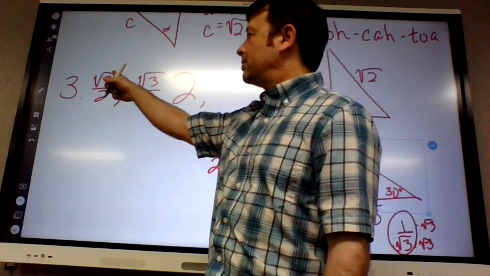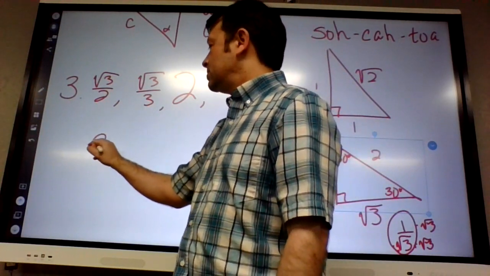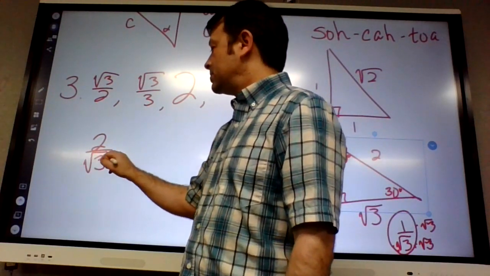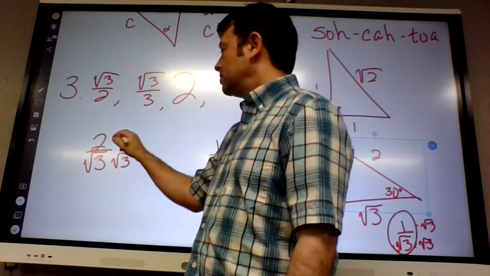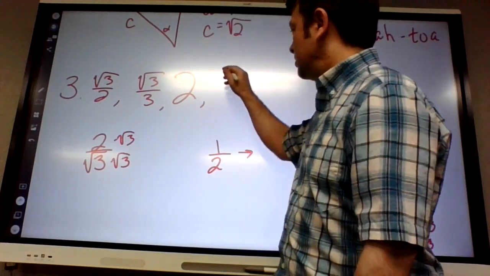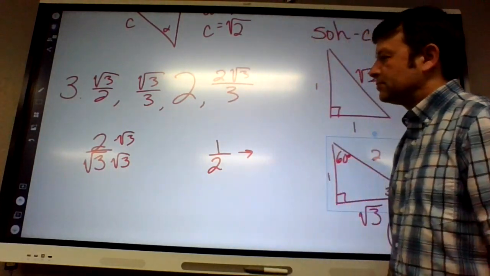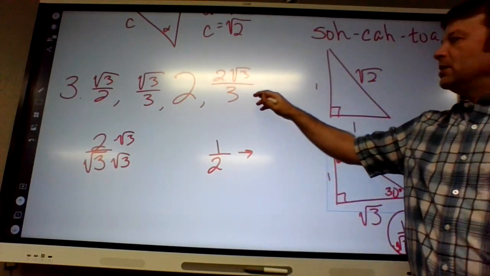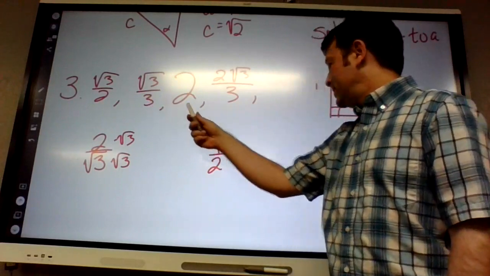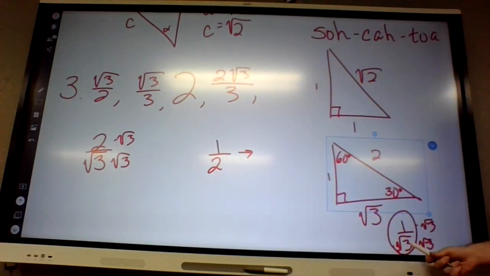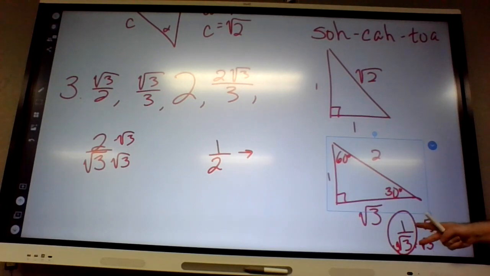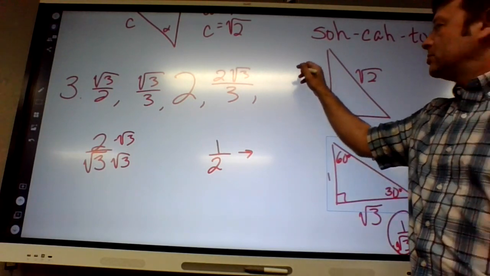So instead of square root of 3 over 2, it's 2 over square root of 3, which turns into 2 square root of 3 over 3. And then tangent, remember originally it was 1 over square root of 3. So if we flip it, it's square root of 3 over 1, which is square root of 3.